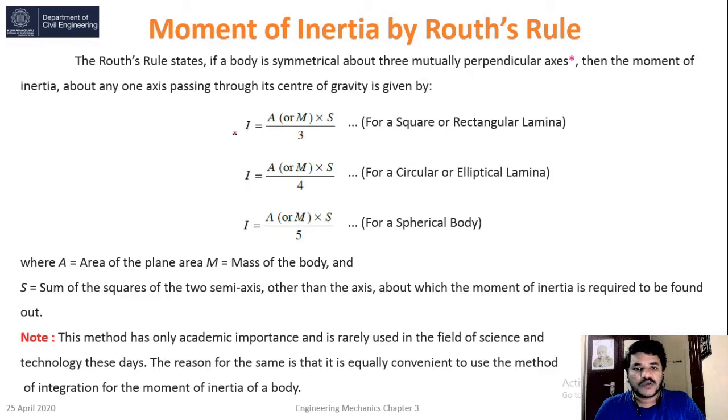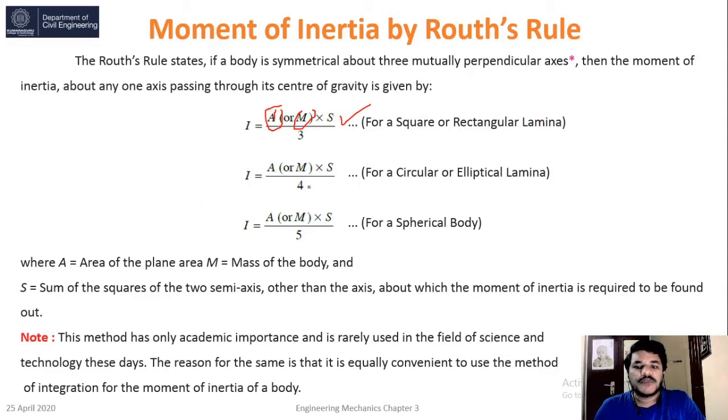For square and rectangular lamina, you can use this formula, I equal to A into S by 3 or M into S by 3. Here M is the mass and A is the area. If it is a mass moment of inertia, you can use M. If it is an area moment of inertia, you can use A.